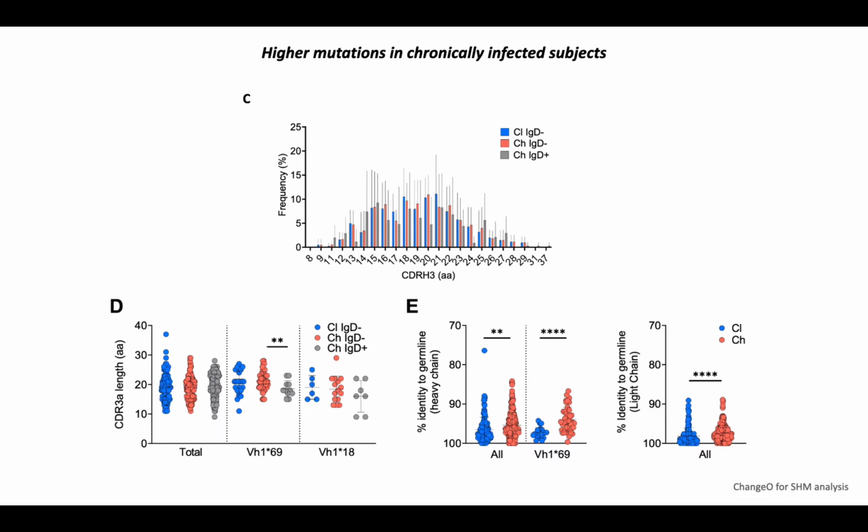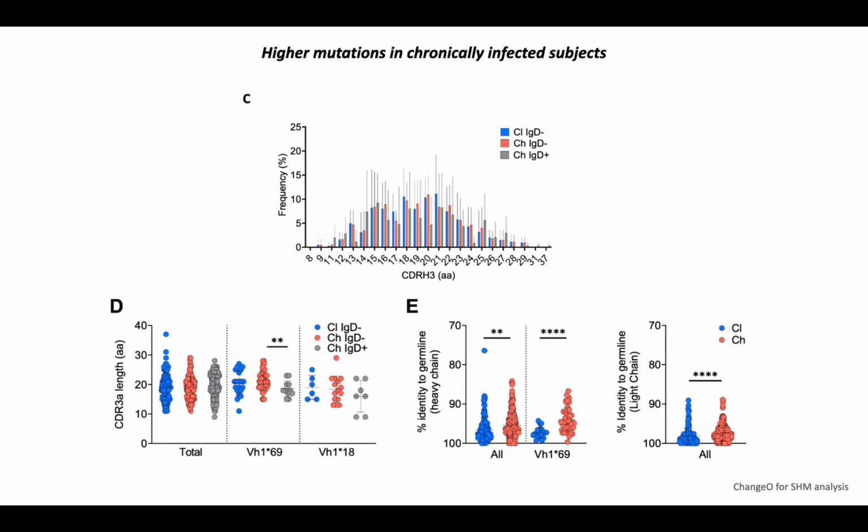When we look at the somatic hypermutation overall between the clears and chronics, we observed chronics had higher somatic hypermutation, whereas clears had low somatic hypermutation. And this is true in VH169 containing antibodies only as well, and this is true for light chain as well.